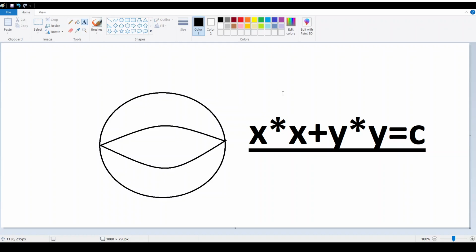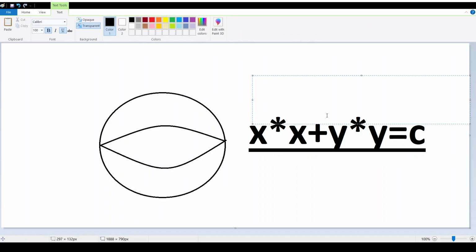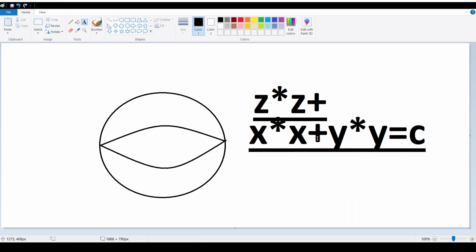What we have to add here is z times z plus, and we continue. That's 2 dimensions.